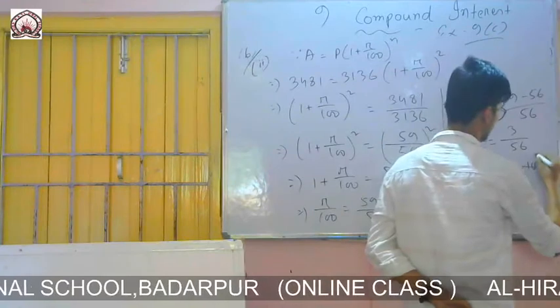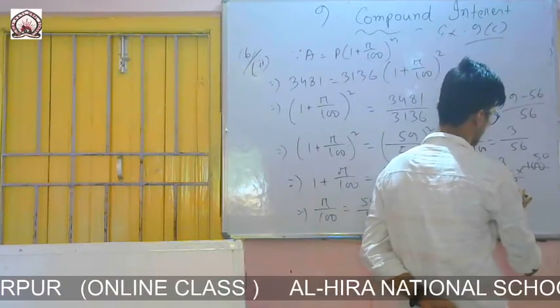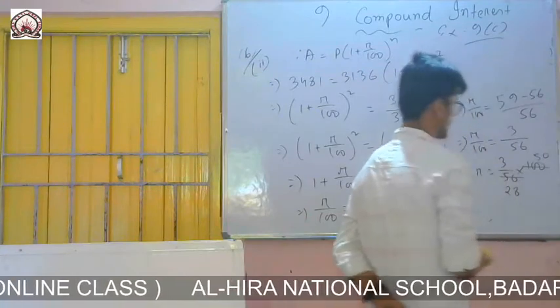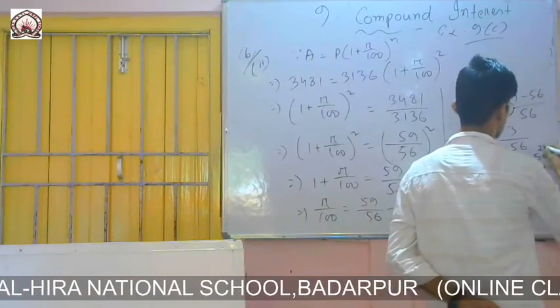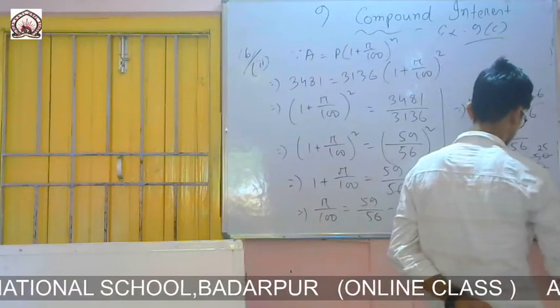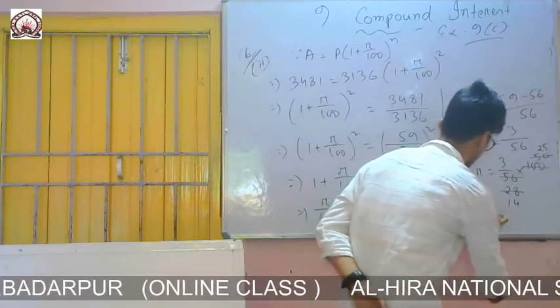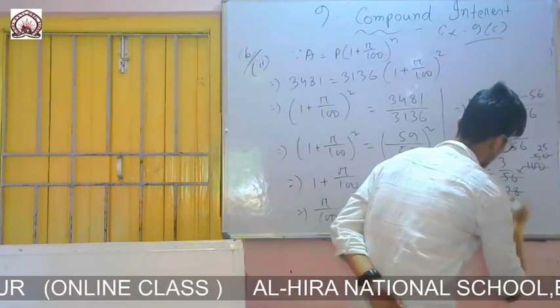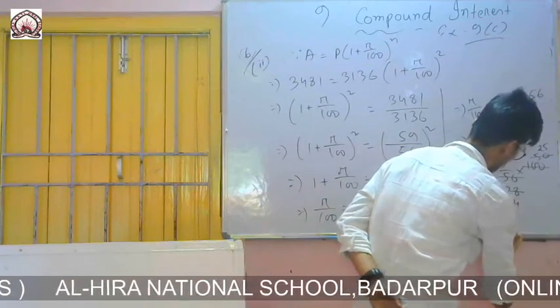2 50s are 100 and 2 2s are 4, 16 2 8s are 56. Again I can cancel with 2 times, 2 25s are 50 and 2 1s are 2, 2 4s are 8, 14. This implies R equals 3 into 25, that means 75 by 14.